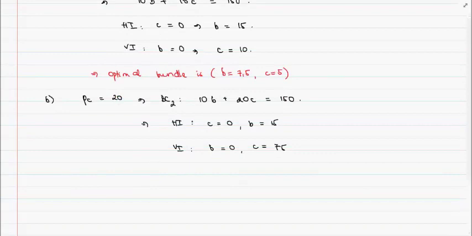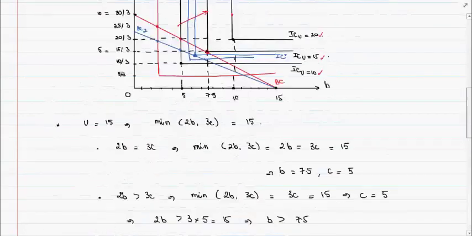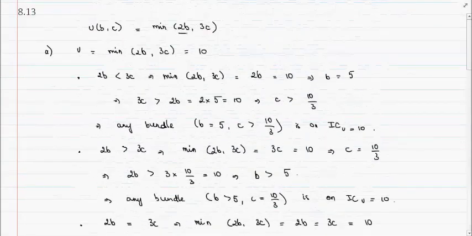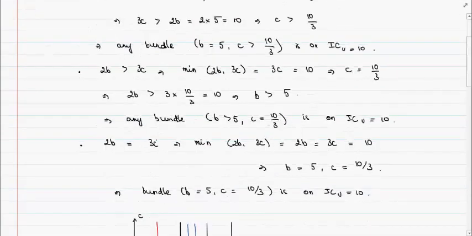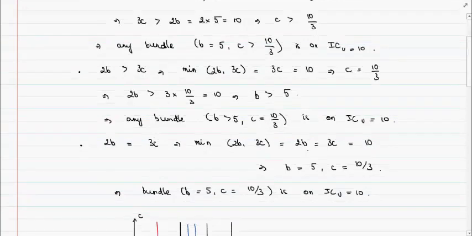Now, the rule is, we know that the vertex point or the kink point is the point at which the two values in the utility function are going to be equal to each other. So as you can see, every time we equate 2B and 3C, then that is going to be the kink point on the indifferent curve.